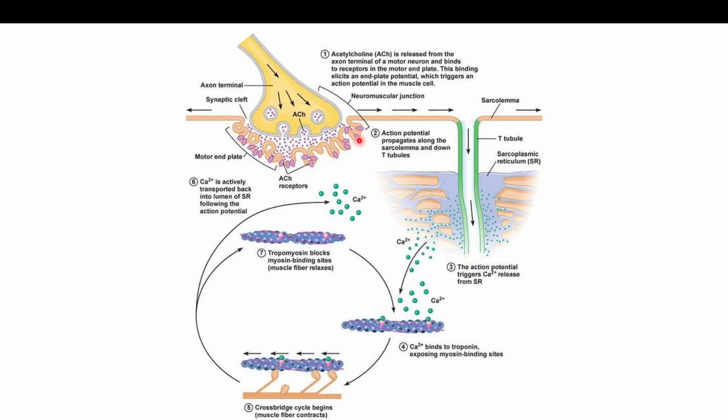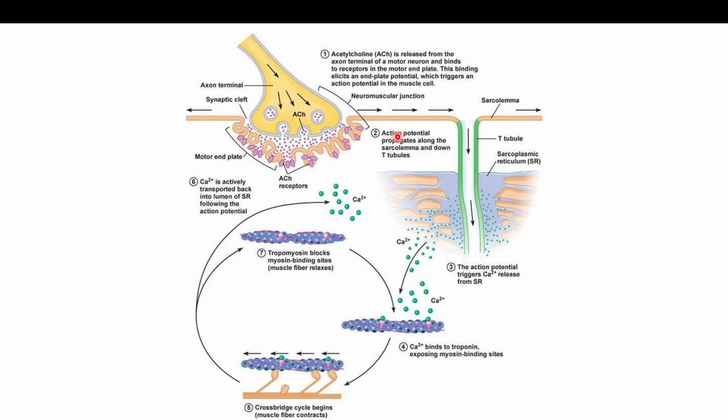The binding of the acetylcholine triggers an action potential in the muscle cell. So this is the neuromuscular junction, comprised of the axon terminal and the motor end plate here.